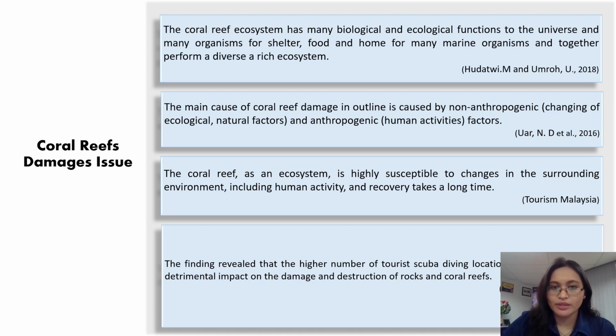According to UR 2016, the main cause of coral reef damage in Outland is caused by non-anthropogenic factors, which means the changing of ecological nature factors, and at the same time the human activity factor. According to Tourism Malaysia, the coral reef as an ecosystem is highly susceptible to changes in the surrounding environment, including human activity, and it takes a long time for recovery.